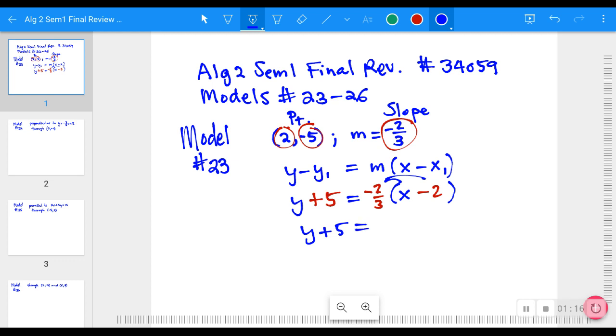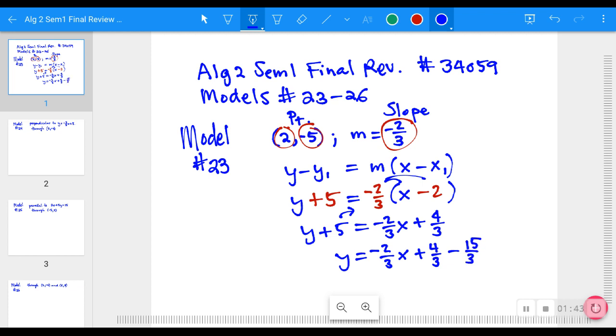So this will be y plus 5, and you get negative 2/3 x plus 4/3. And we'll subtract 5 from both sides. Now, unfortunately here we got some nasty fractions to deal with on this side. 4/3, and it's going to be minus 5, but I'm going to write it with a common denominator.